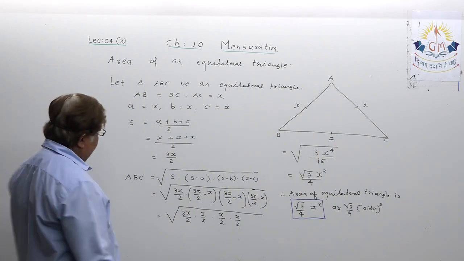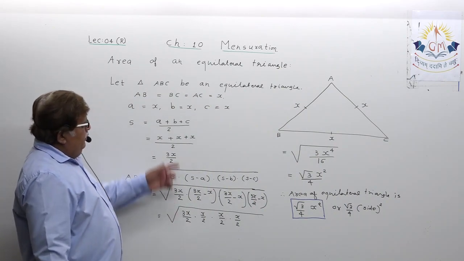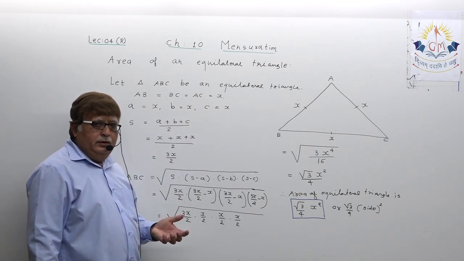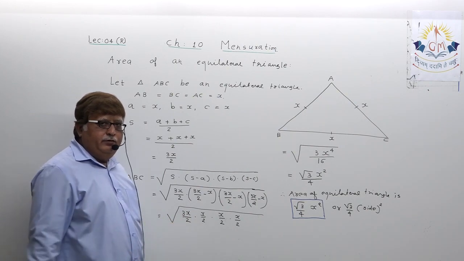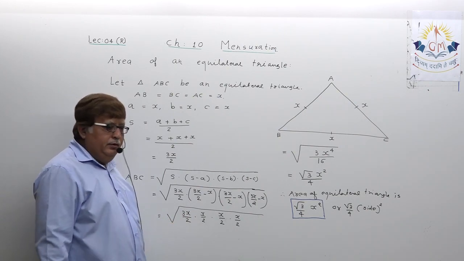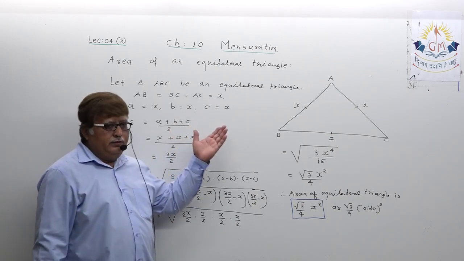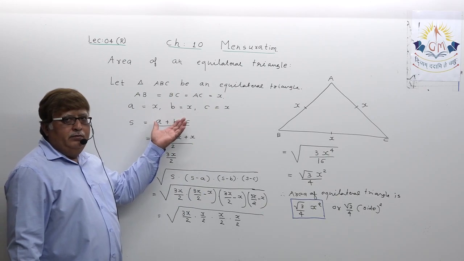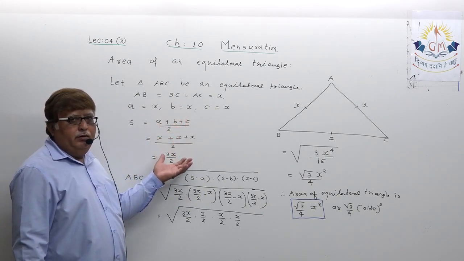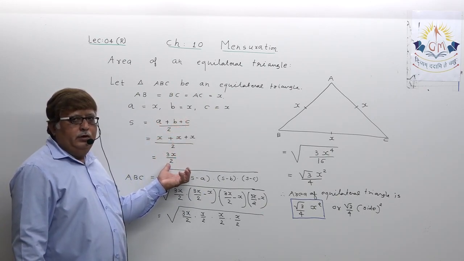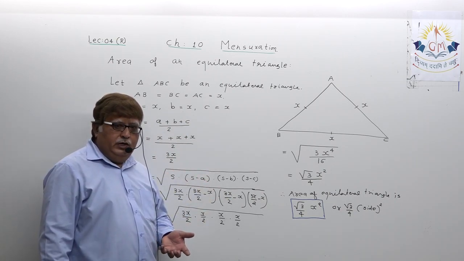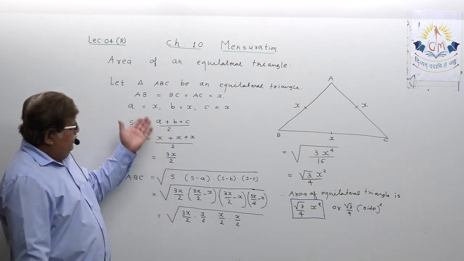Understood? How conceptually stronger are you people? Equilateral triangle, that means all sides are equal, simple. All sides are supposed as x. Then, dear student, it is a routine ordinary process of finding the area of any triangle by Heron's formula.